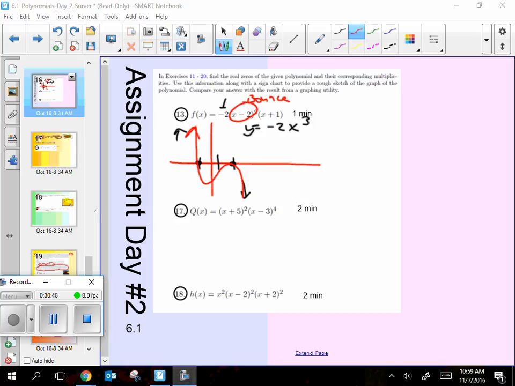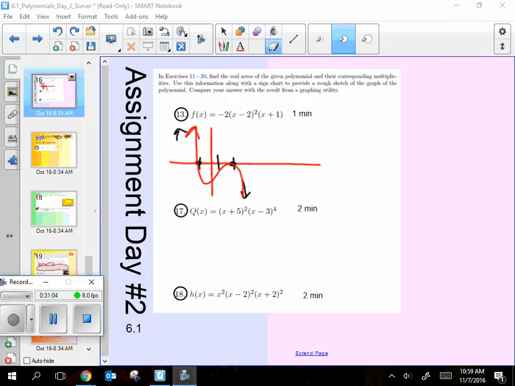Okay, good. Then it says a sign chart. Along with a sign chart, I would strongly recommend checking an interval and making sure you didn't mess it up. So I'm going to check the interval in the middle because I'm pretty confident in my n values. I'm going to check in this interval and make sure it's really negative, because that's where the graph is below 0. So I'm going to check the number 0.